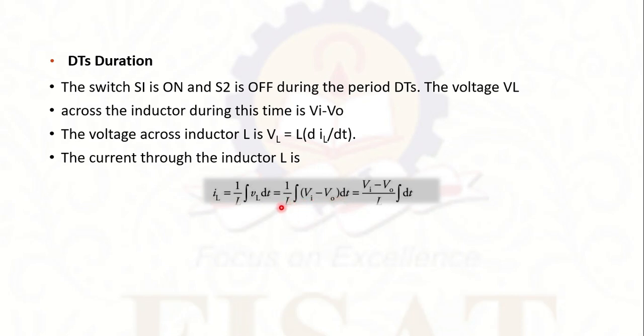Taking 1 by L outside, we get 1 by L integral of VI minus VO into dt. So finally we can write VI minus VO divided by L into integral of dt. The reason is VI and VO are DC values and L is the inductance, so these are constant values and we can take them outside.